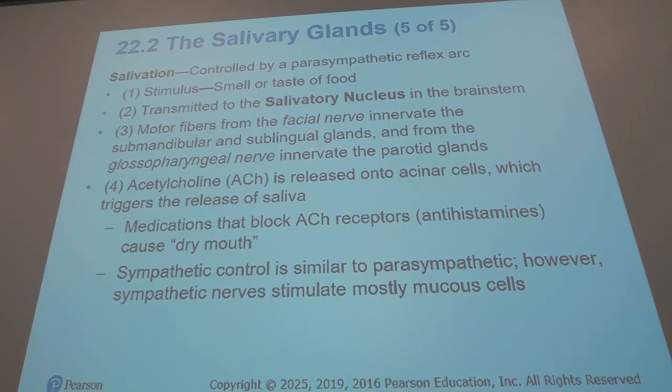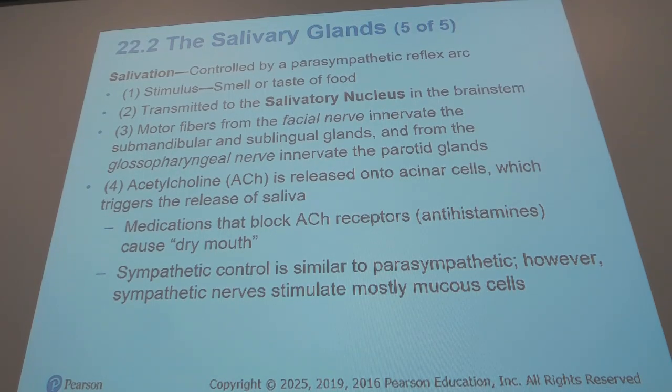Then motor fibers from cranial nerve number 7, the facial nerve, which innervates the submandibular and sublingual glands, and the glossopharyngeal, which innervates the parotid gland, will start releasing acetylcholine onto the acinar cells of your salivary glands, so that the acinar cells start producing saliva.